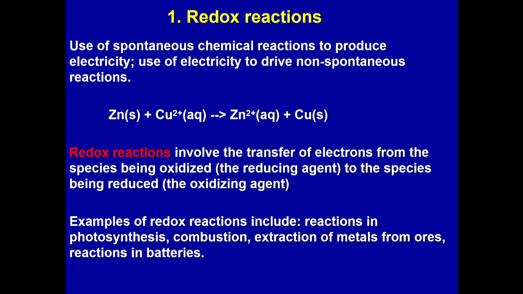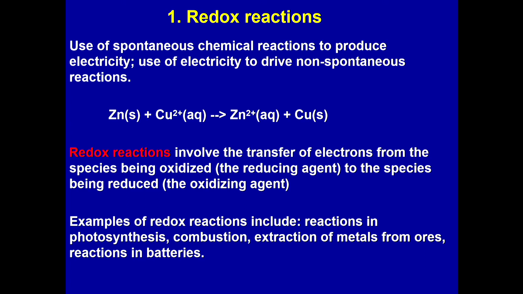So we can use spontaneous chemical reactions to produce electricity. Of course, this kind of reaction should be a redox reaction, and these reactions are spontaneous.